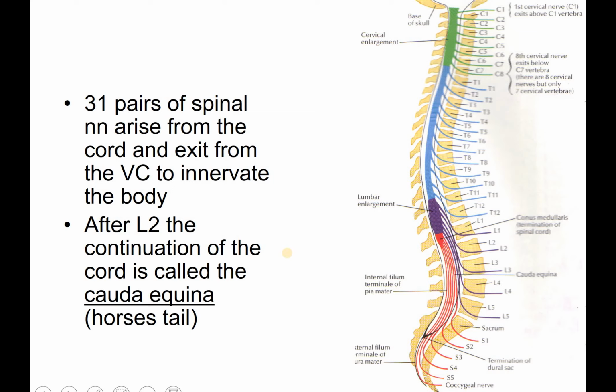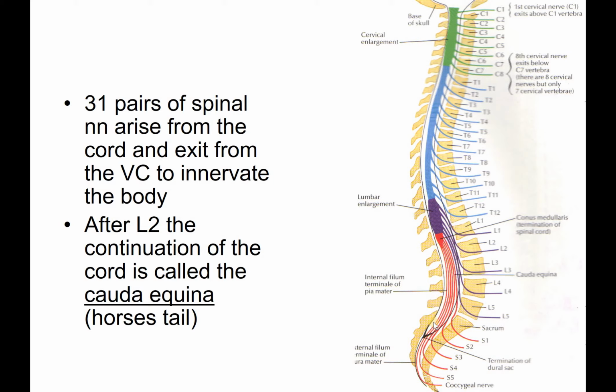Okay, we have 31 pair of spinal nerves that come from the cord and exit the vertebral column to innervate the body. So after L2, now we just got done saying on the prior slide that the spinal cord goes from about the foramen magnum down to L1, L2. Now the rest of the cord is called the cauda equina.